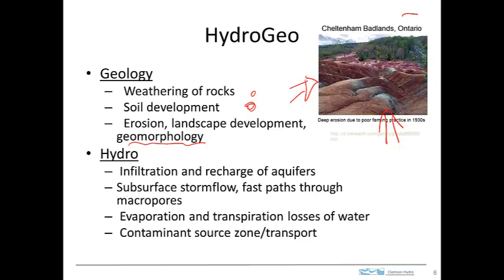The agricultural practices were switched over to growing pine trees, which could grow on very poor, degraded soils. And so you'll see a lot of the Fans Grove area is now in pines. And we don't have these bare landscapes like they have up in this area in Ontario. But nevertheless, the processes of erosion and soil development are of interest to hydrogeology and geomorphology.